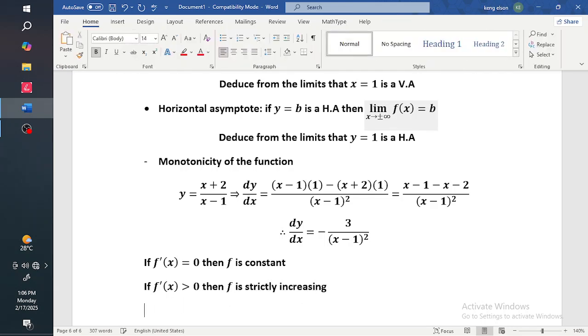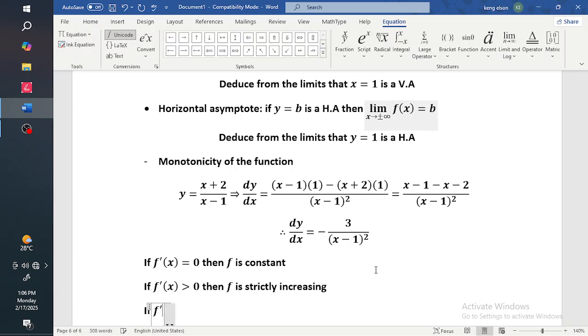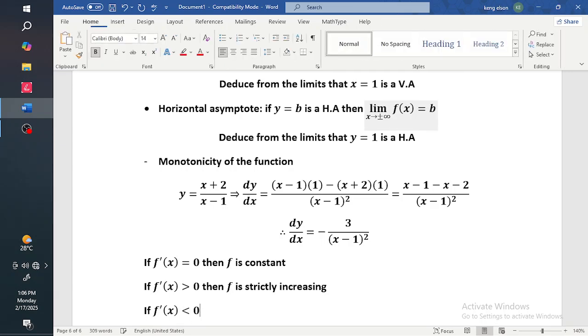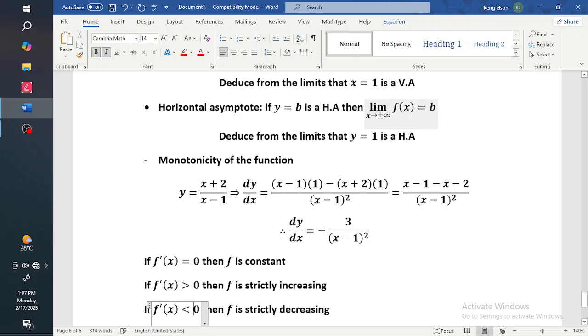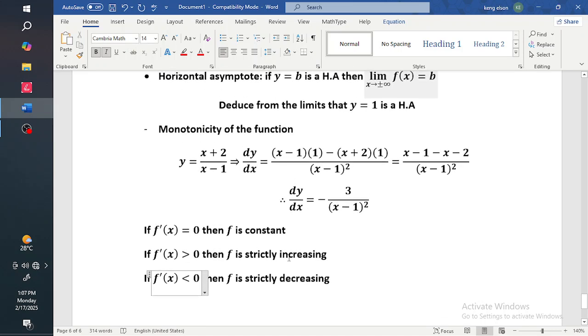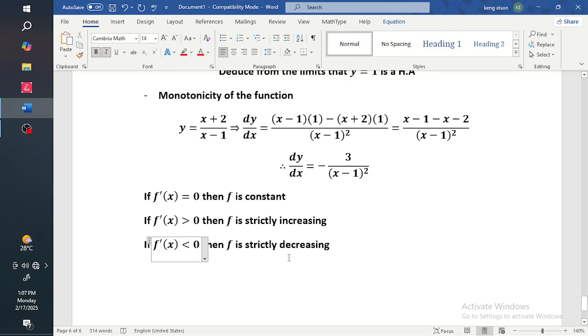If f prime of x is less than 0, then f is strictly decreasing. But if there was an equality here, we are going to say increasing only, or monotonic increasing. If there's an equality here also, we say just decreasing. But when there are strict inequalities, we say strictly increasing or strictly decreasing.